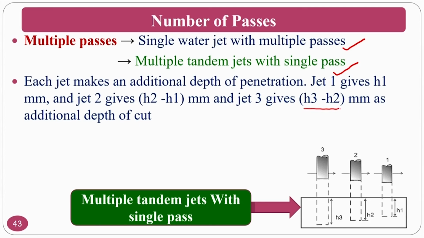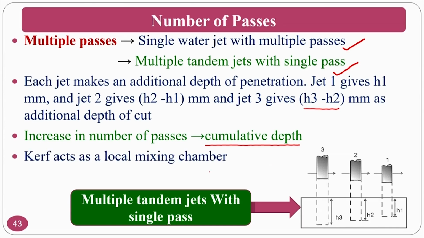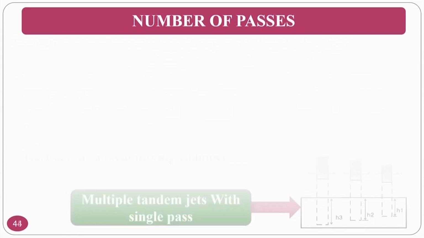This is the additional depth in terms of multiple tandem jets with a single pass. So, by increasing the number of passes, the cumulative depth will gradually increase. The kerf acts as a local mixing chamber. Okay, so this is about multiple tandem jets with a single pass. You can see H1, H2, H3 is the depth with respect to jet 1, jet 2 and jet 3, as explained above.